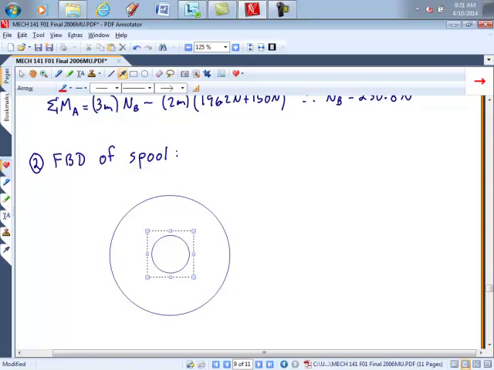The pulling force P, yep, so I can write that one in there. That's on the top.